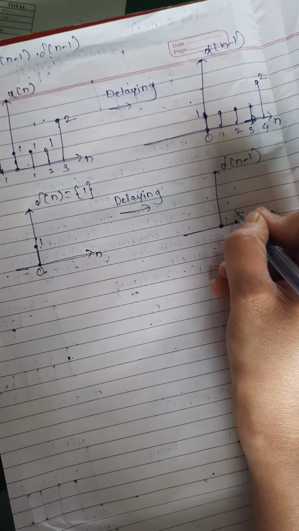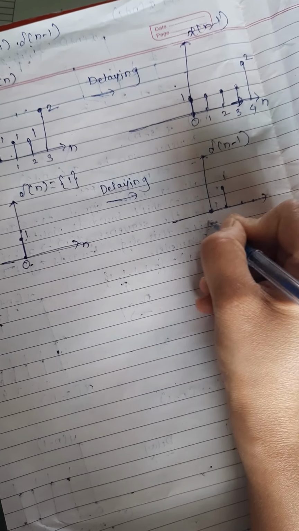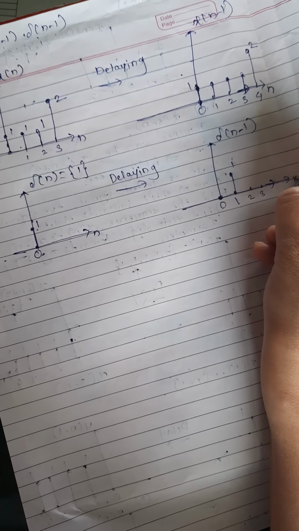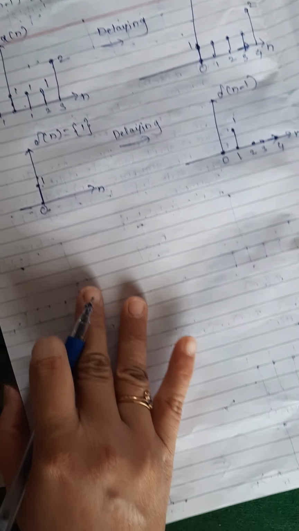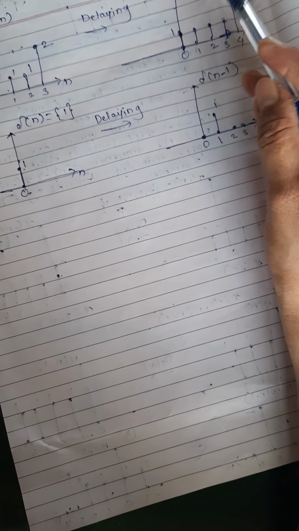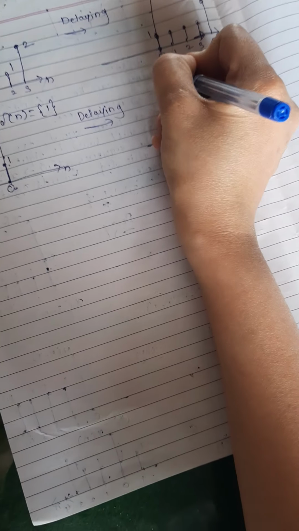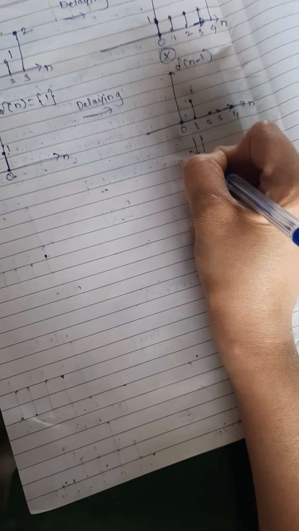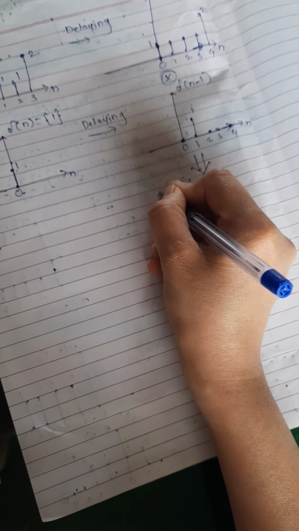Here it is 1, and at the rest it is 0, 1, 2, 3, 4, it is 0, 0, 0. Now we have x of n minus 1 and delta of n minus 1. Now we have to apply the multiplication on these two signals, and we get the final result.